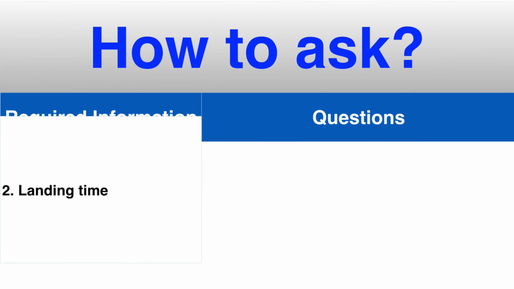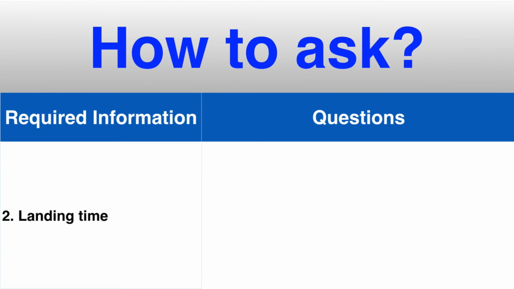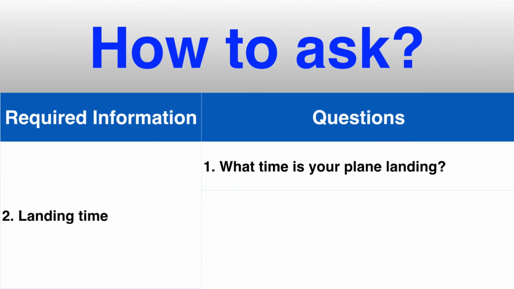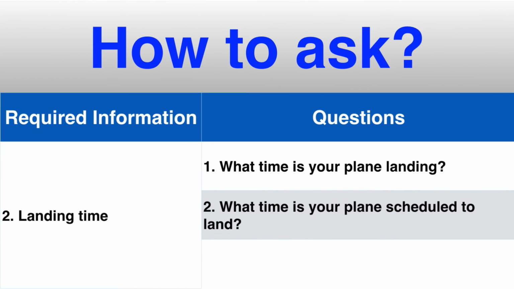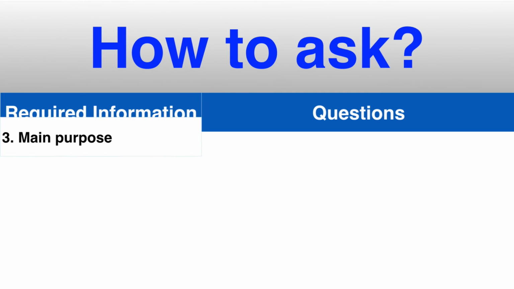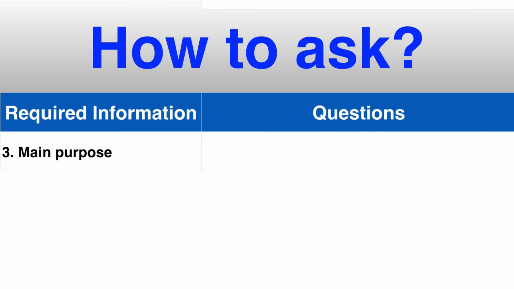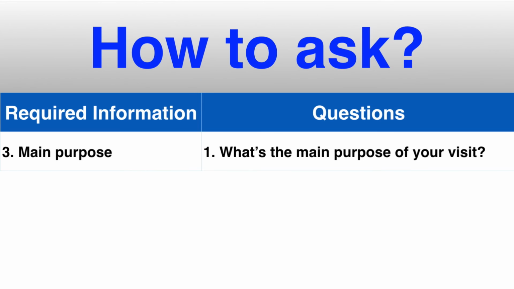Similarly, to ask for the landing time, you would say, "What time is your plane landing?" "What time is your plane scheduled to land?" Or, "What time is the flight arriving?" For the main purpose, you can ask, "What's the main purpose of your visit?"